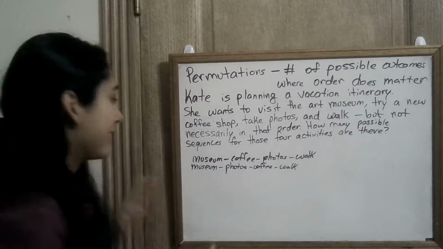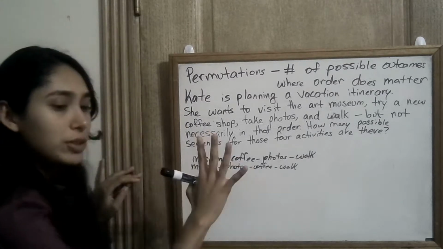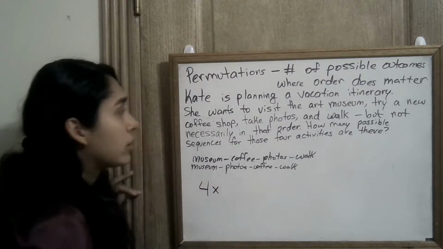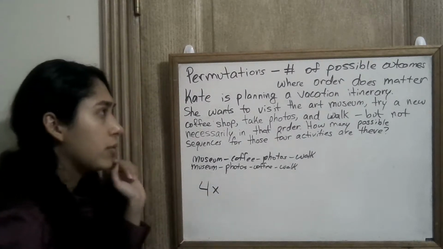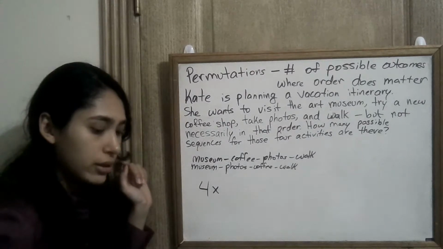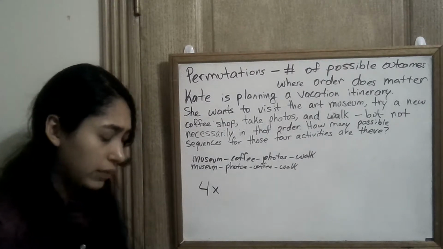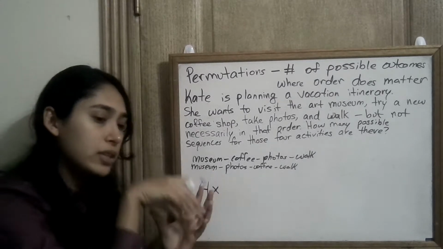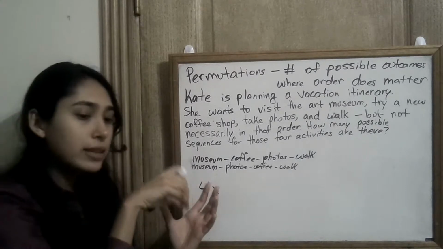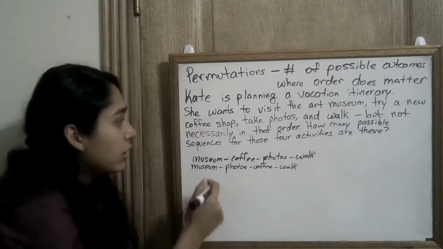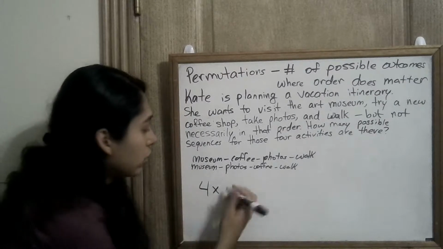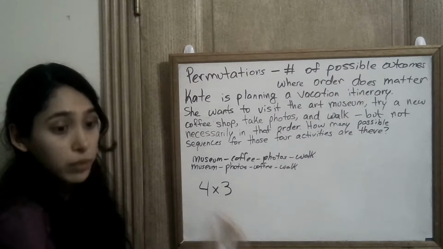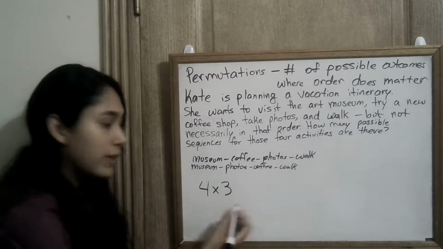So here we have a trick. We know that there's 4 possibilities, right? Taking a bit of knowledge from our dependent probability, like when we're taking the bag of candies and we're taking one candy out, it affects how many options are left. So here we're going to start off with 4. We're going to multiply that by 3 because there's 4 options, but if we do one of those options, we're only left with 3 other options.